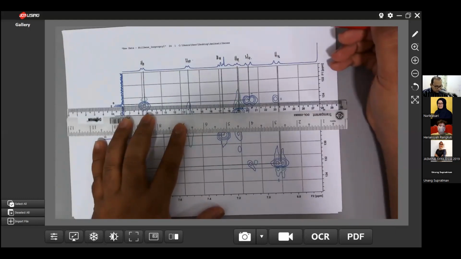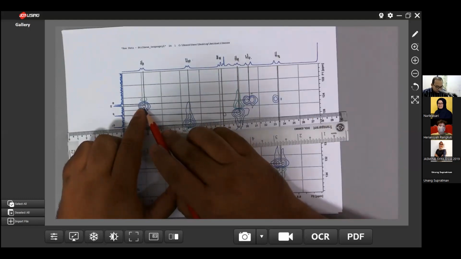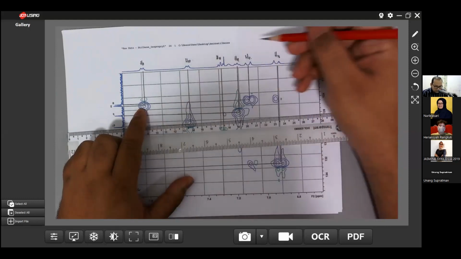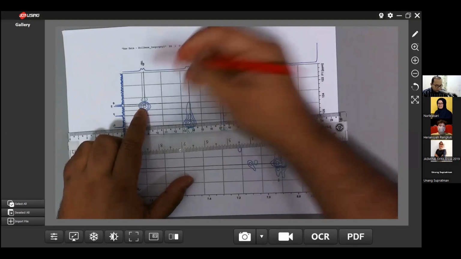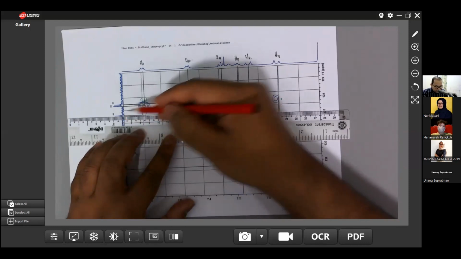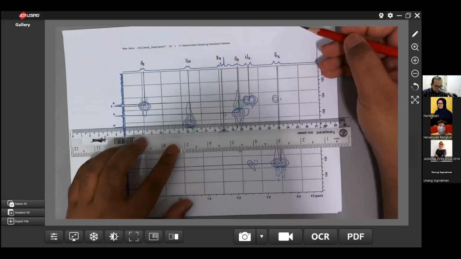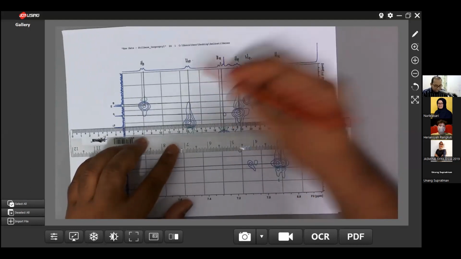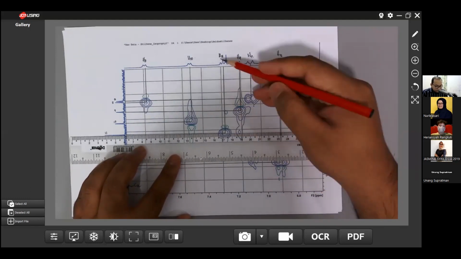And this one, we already assigned, the remaining is here, and this one is carbon number 8 for proton number 8. After that, this contour is carbon number 9, proton number 9, and lastly number 10 here, and number 11 in these triplets.